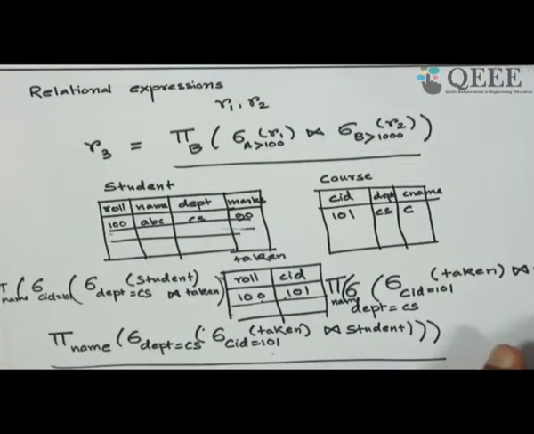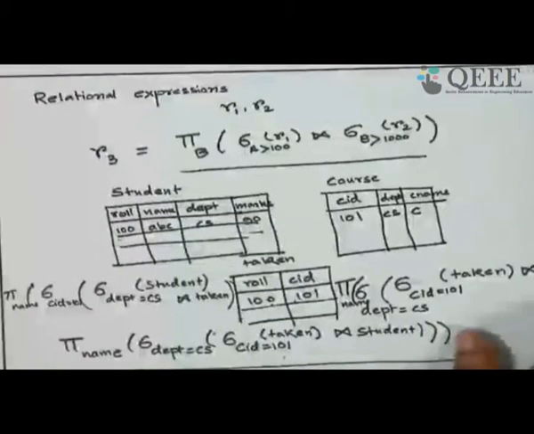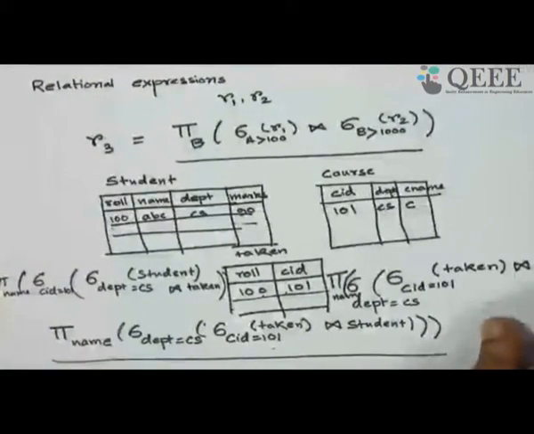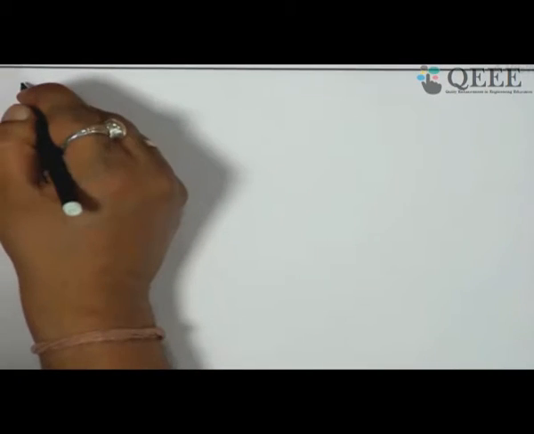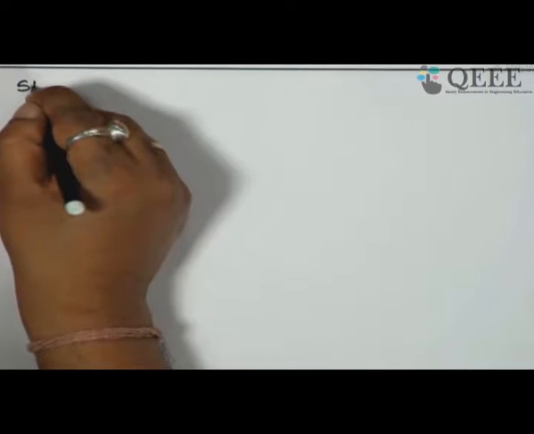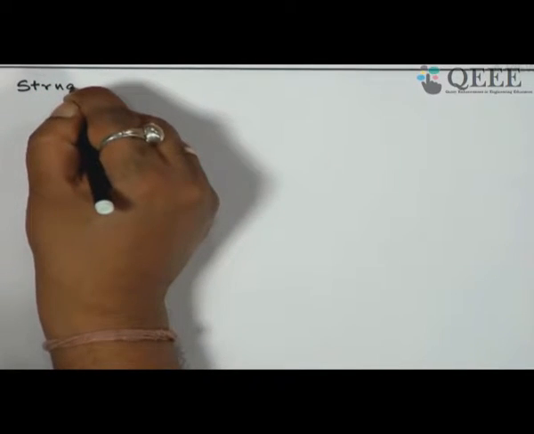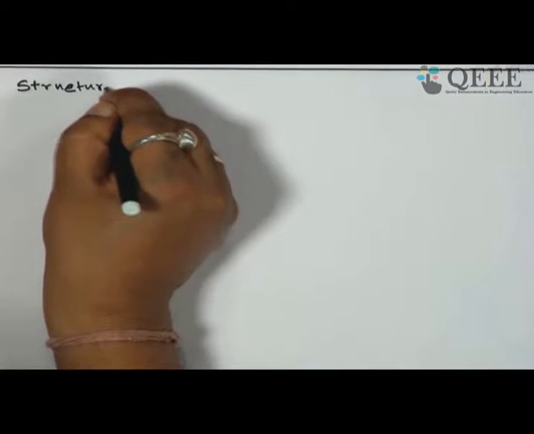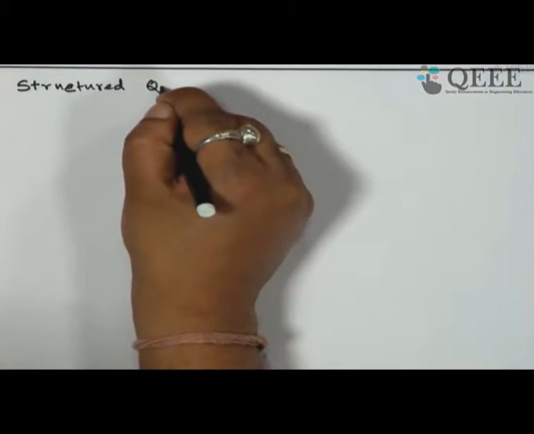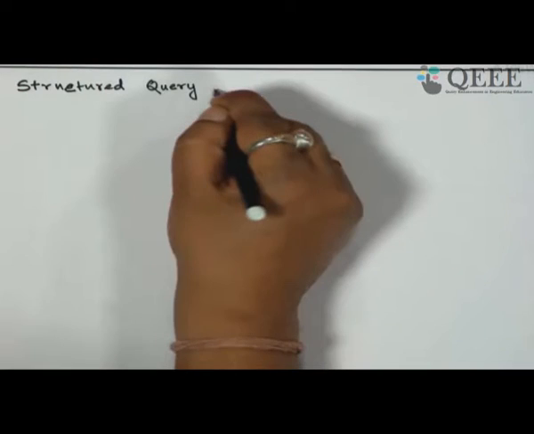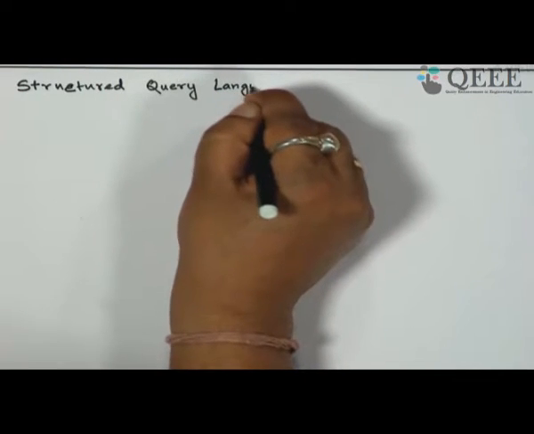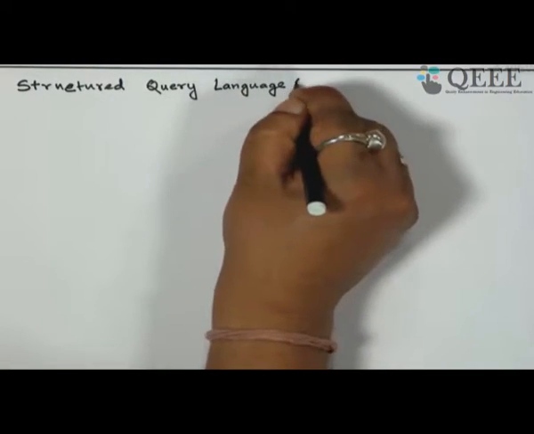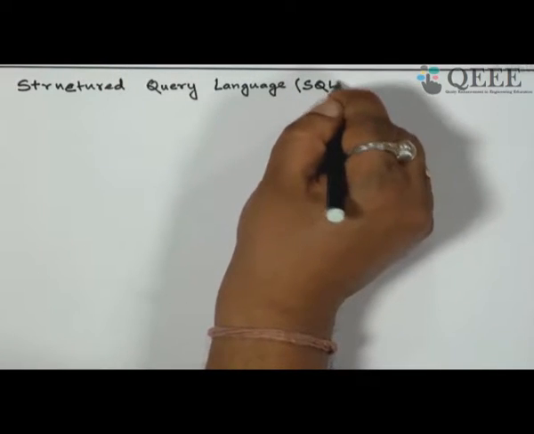So with this background, this is just a mathematical concept. Let me move on to an implementation of this concept of relational algebra in a language which is supported by most databases, called the Structured Query Language, or SQL.